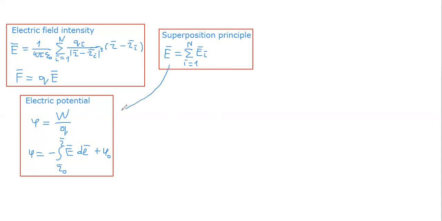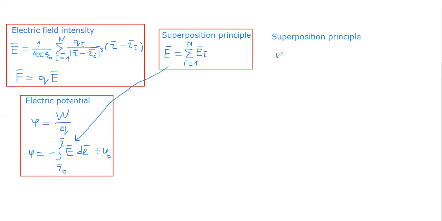If we substitute this superposition for electric field intensity here, we can obtain a new superposition principle, the superposition principle for electric potential.